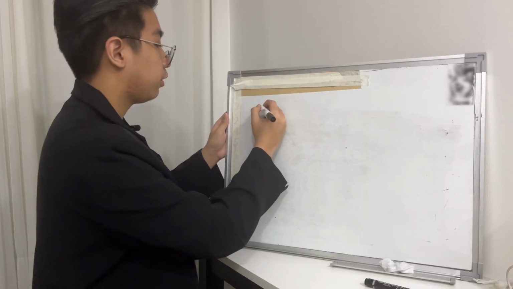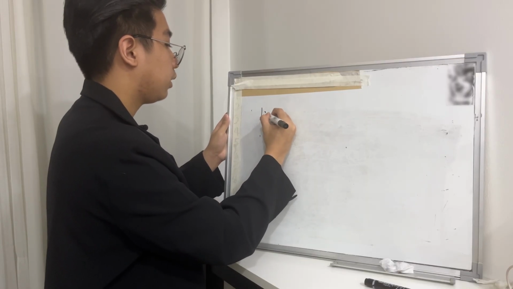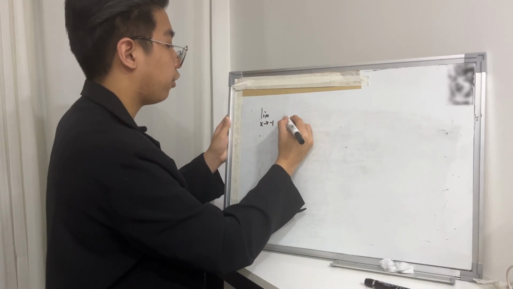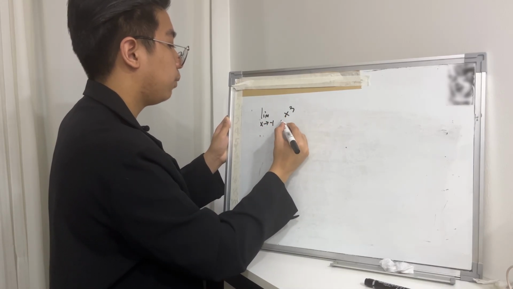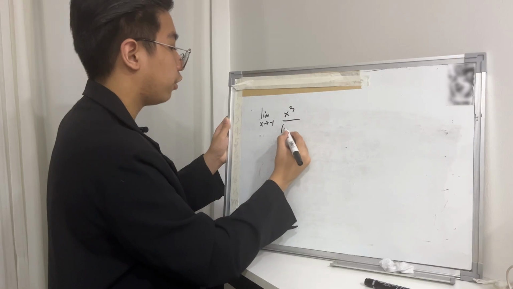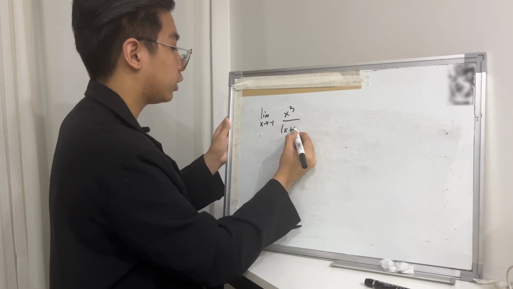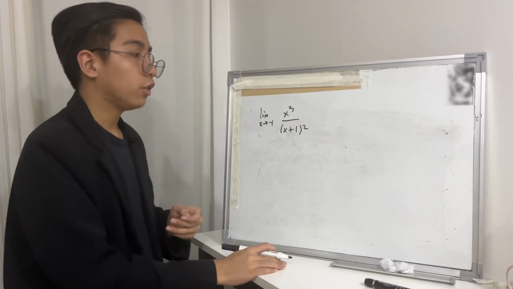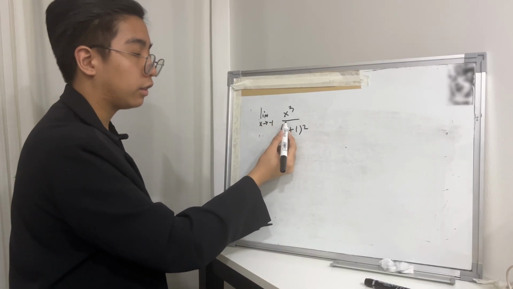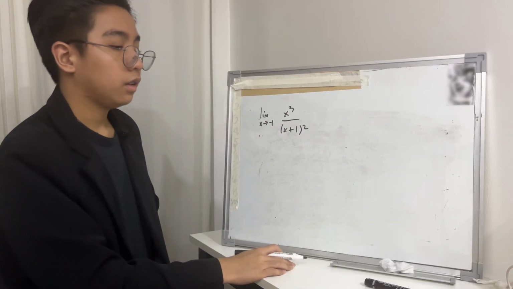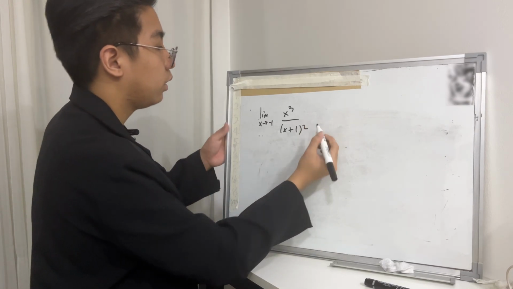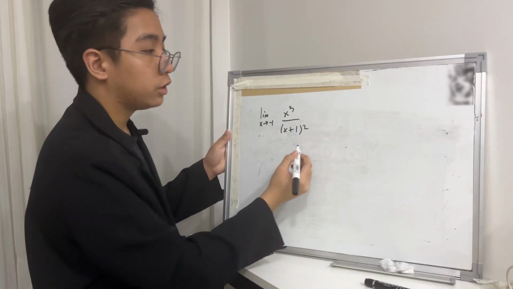So we will have the limit as x approaches negative 1 of x cubed over the quantity of x plus 1 squared. So first, well, we can't factor this out. It's not possible. So let's go to substitution.